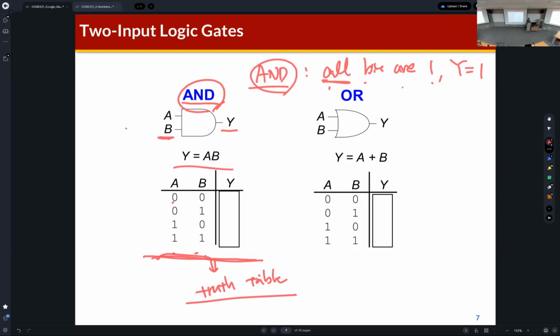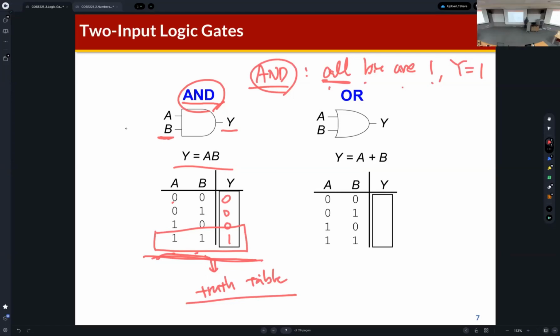It's too easy, right? This is 0 because there's no 1, and this is 0, 0, and then 1. As you can see, when A equals 1 and B equals 1, Y becomes 1. That is the definition of the AND gate. As you can see, the property of the AND gate is similar to the property of multiplication. That's why we use multiplication for representing the AND gate.